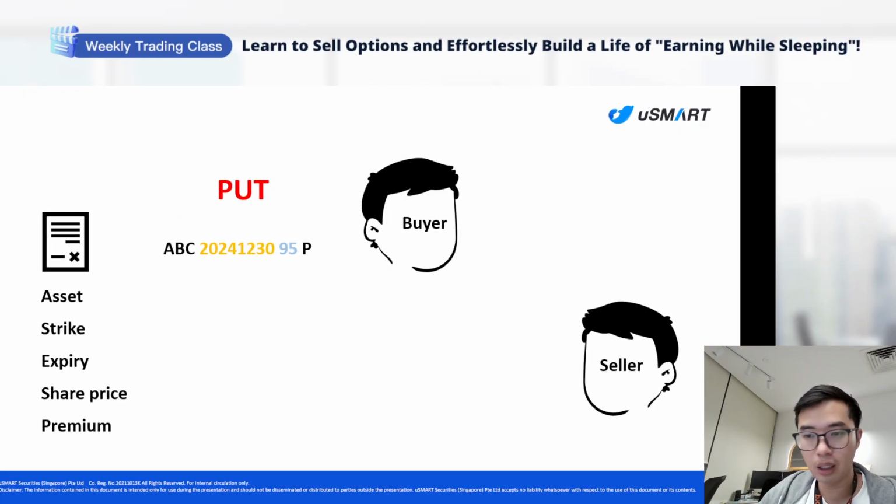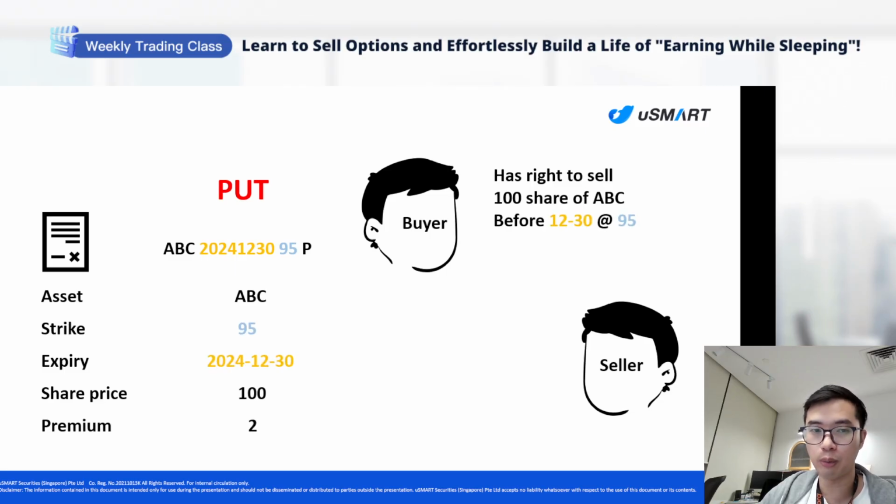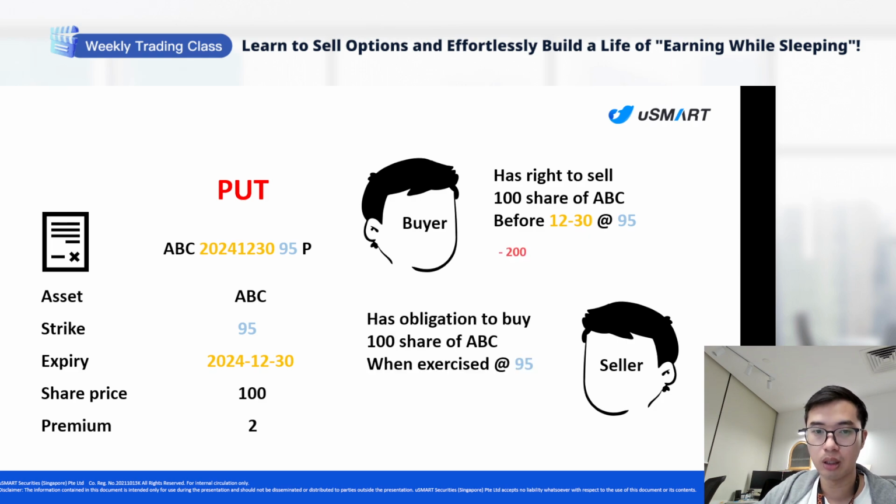At the same time, the opposite applies to the put buyer and put seller. Here the strike price will be 95. The put buyer has the right to sell 100 shares of ABC on December 30th at the $95 strike price.